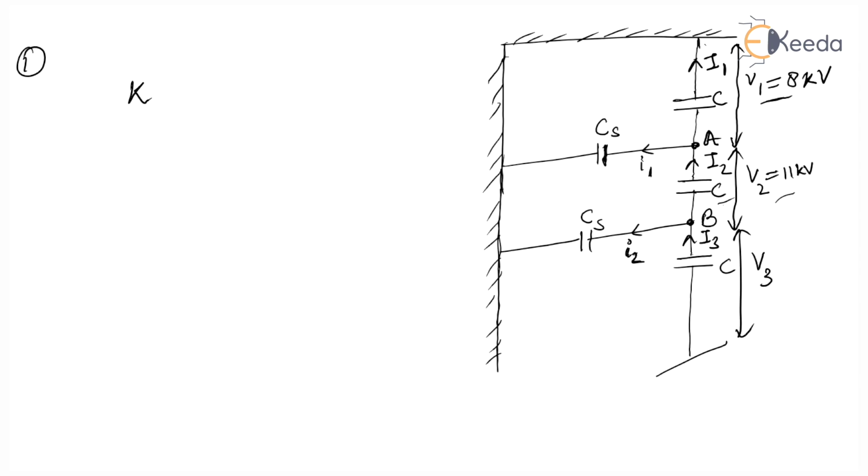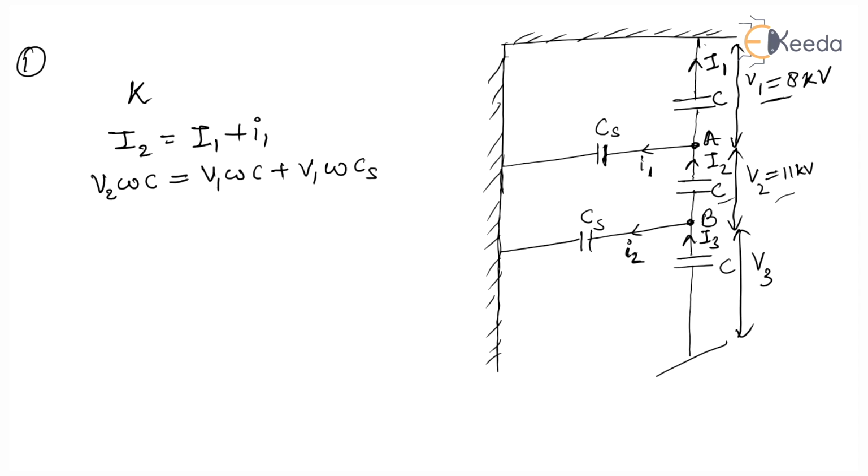So, apply KCL at node A. We know KCL states that incoming current is equal to outgoing current. So, I2 is equal to I1 plus small i1, where I2 is V2 into omega C, I1 is V1 into omega C, whereas small i1 is equal to V1 into omega Cs.